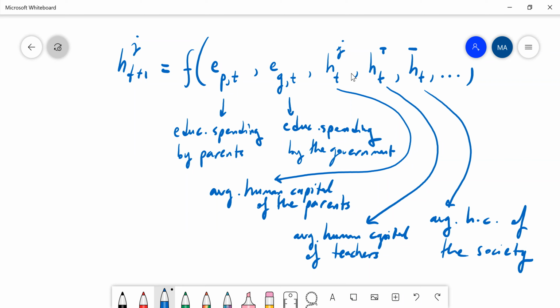Okay? And furthermore, that production function can depend on the city they live in or the region they live in, okay? Because some regions could have better schools, some districts in a city could have higher quality infrastructure in education, so on and so forth, okay?